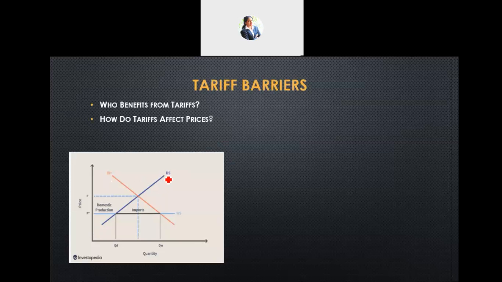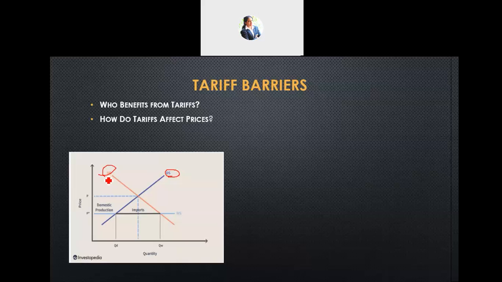In this figure, DS means domestic supply and DD means domestic demand.